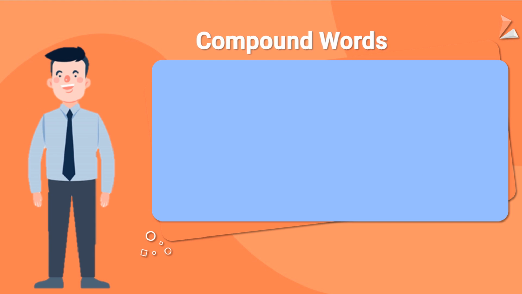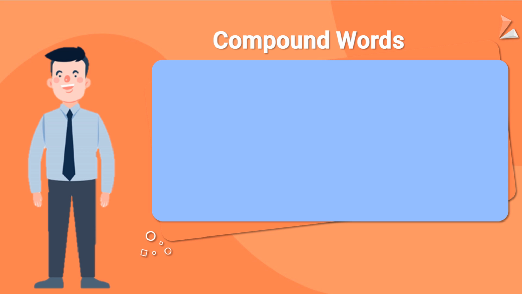Now I bet you can think of many other compound words. Did you just think of classroom? Well, that is correct. Classroom is also a compound word as it is formed by combining class and room.